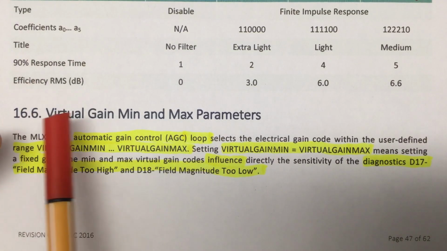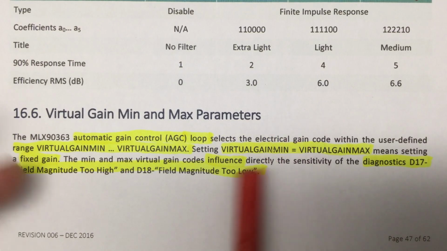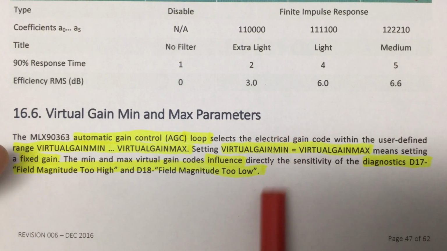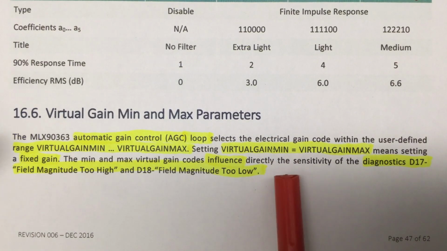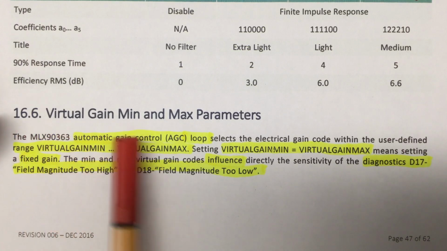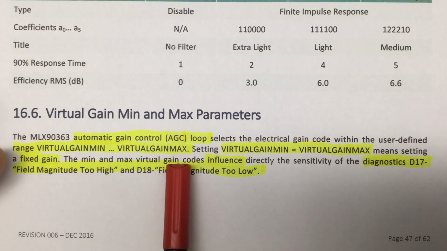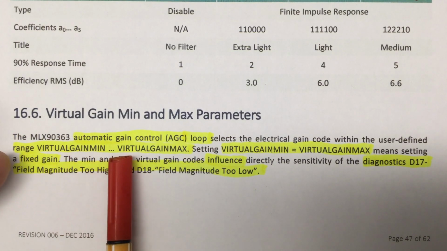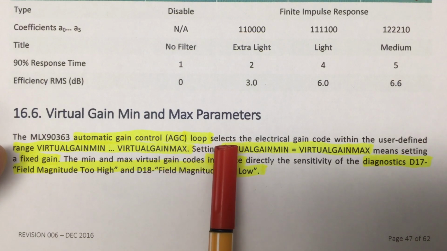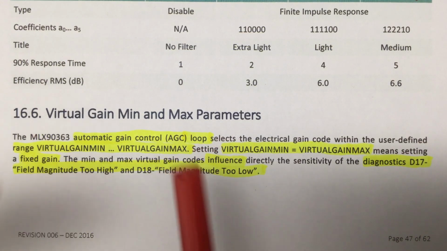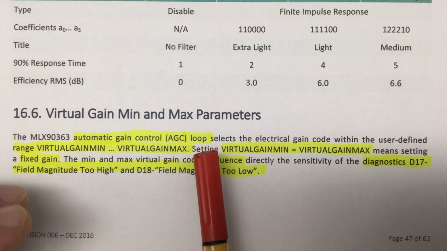The related chapter explaining the parameters is really brief, 4 lines, and it says that VIRTUALGAINMIN and max control the automatic gain control loop. That's something we know, automatic gain control.